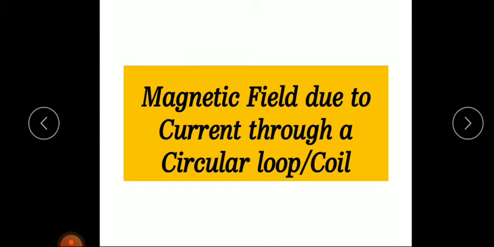Now let us see what pattern we will get in the case of a circular coil. For that, let us take a circular coil, insert the circular coil in a glass plate having two holes, connect the ends of the circular coil to the power supply, and sprinkle iron powder on this glass plate.